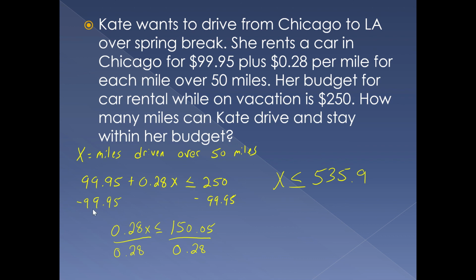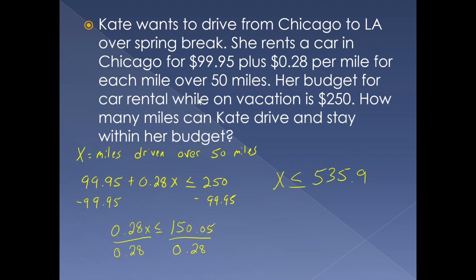We solve this by subtracting 99.95 from both sides. We get 0.28x is less than or equal to 150.05. We divide both sides by 0.28. When I round to the nearest tenth, I get x is less than or equal to 535.9. So take a moment now and write a sentence regarding our answer and the question.